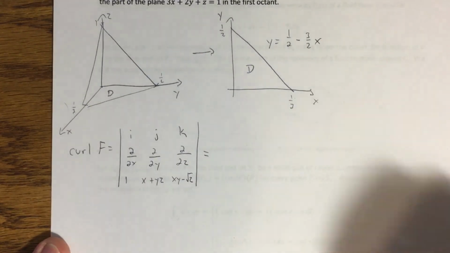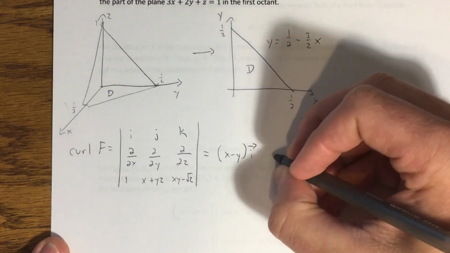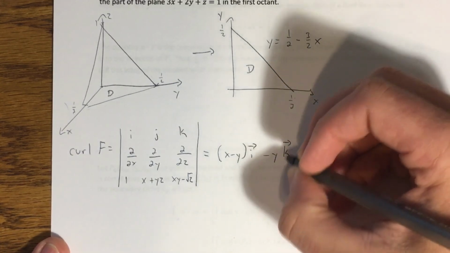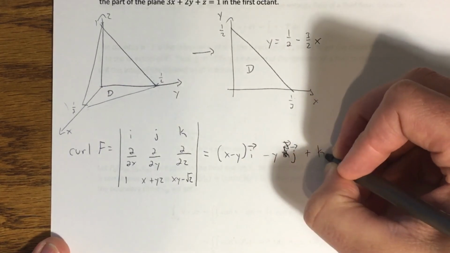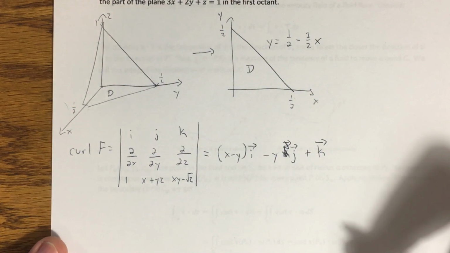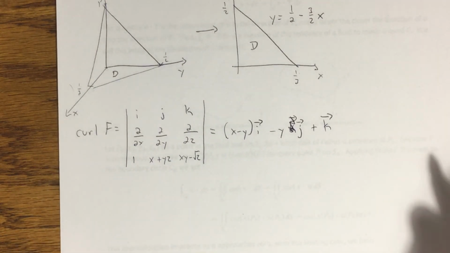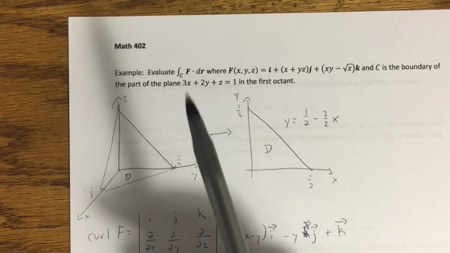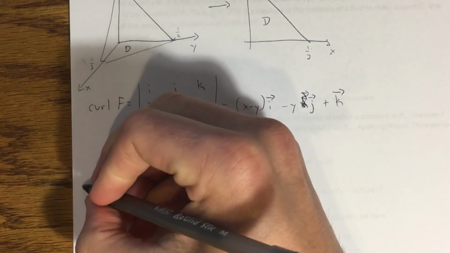If you evaluate this, what you end up with is x minus y i minus y j, that should be a j, plus k. Now, what we want to do is use Stokes' theorem here, which says that this line integral can actually be evaluated as a surface integral of the curl of F dot dS. So that is this.